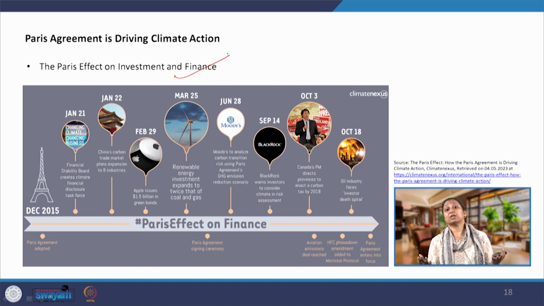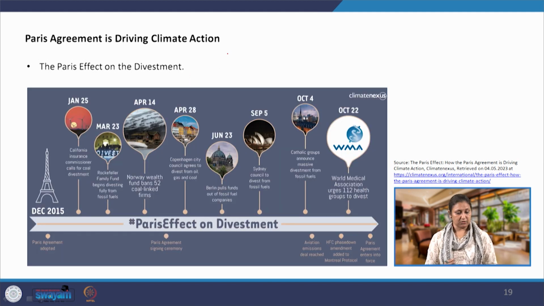What kind of projects are being financed? That is also being driven by what we have agreed as part of the Paris Agreement. On divestment, we are talking about coal divestment, divesting fully from fossil fuels. So, we are investing in renewables and divesting from the projects which are GHG emitters, the fossil fuel projects.